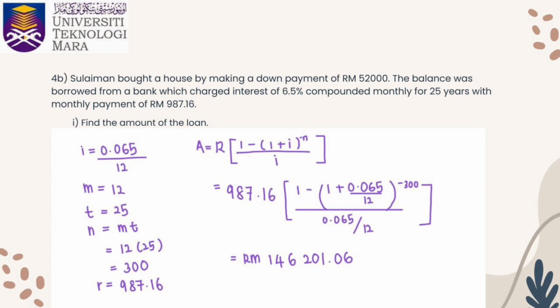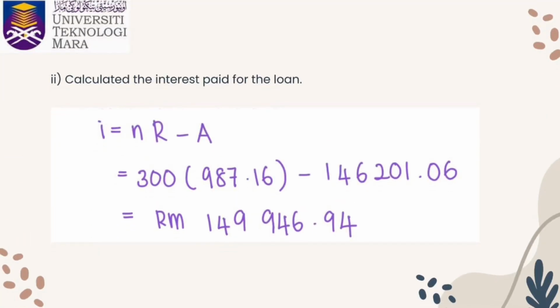The formula is A equals R times [1 minus (1 + i) to the power of negative n] divided by i. 987 ringgit 60 cents times [1 minus (1 + 0.065/12) to the power of negative 300] divided by 0.065/12. So the final answer will be RM146,201.06.